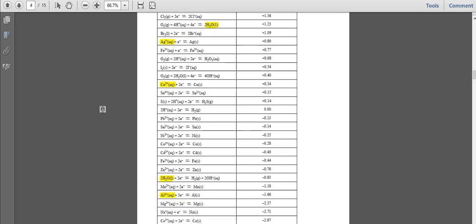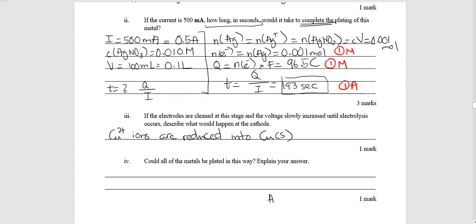So you want to be very clear with your explanations here. The answer is no, and the reason is because aluminium ion, and you have to make sure you say that it is the ion, is a weaker oxidizing agent. Be very correct with the language.